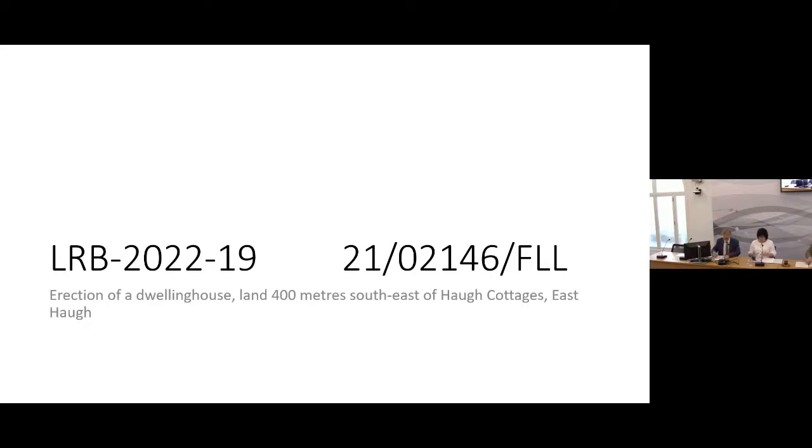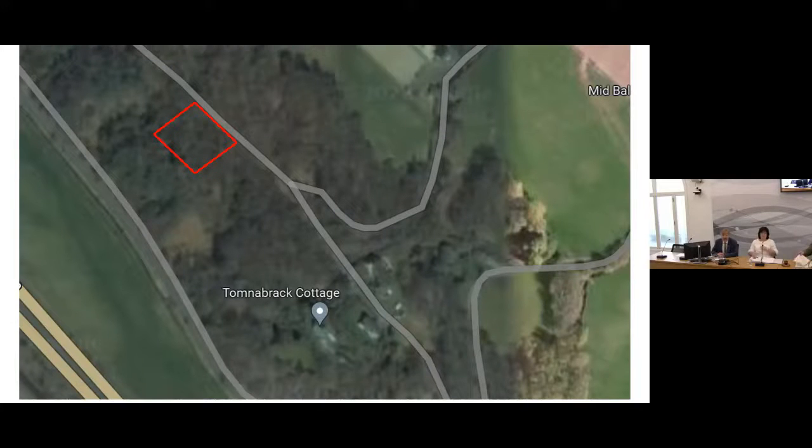Thank you, Chair. I'll take you through the pictures first. The application site itself, you can see in the red line there, is in a wooded area, not far from the East Hawk cottages that you see towards the bottom of the screen in a grouping.